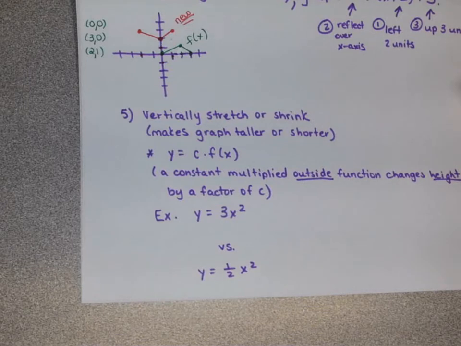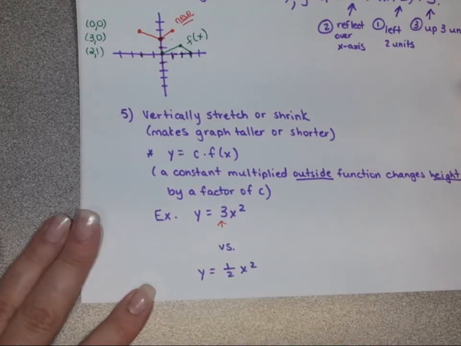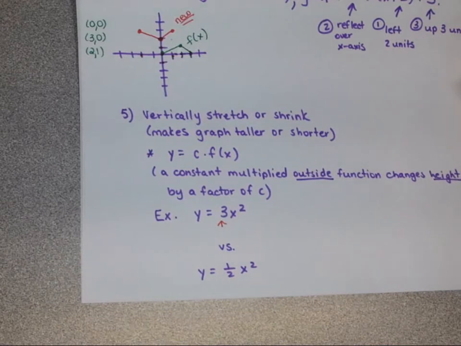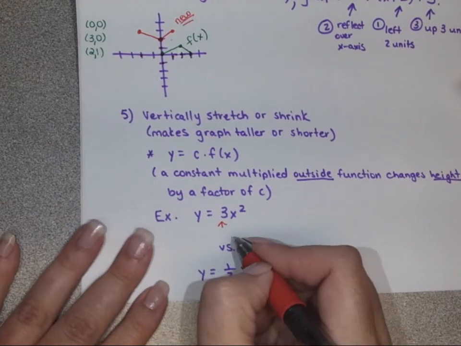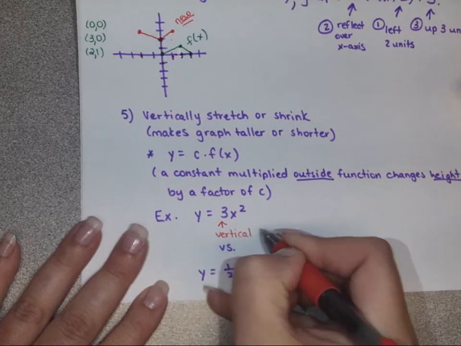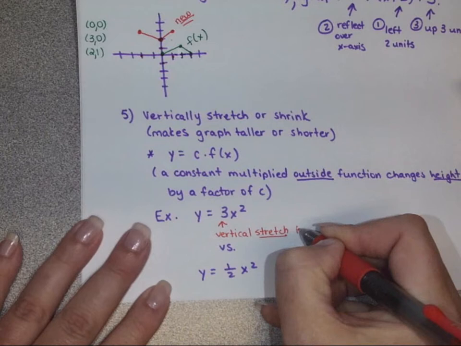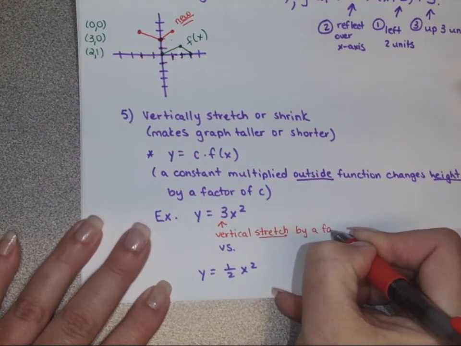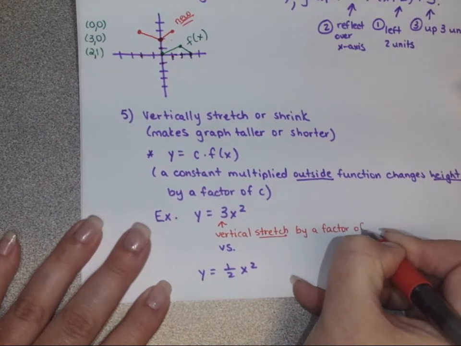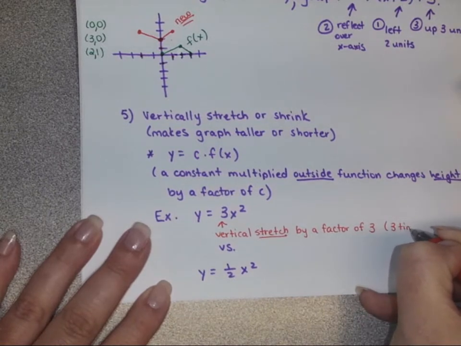Okay. The only change, notice, is this number versus this number, right? So notice the 3's being multiplied on the outside, right? And because it's a positive number bigger than 1, this is actually a vertical stretch by a factor of 3. But an everyday way to say that is it's just basically getting 3 times taller.